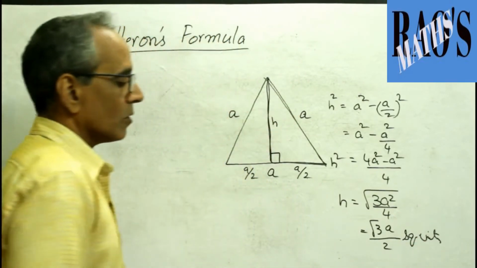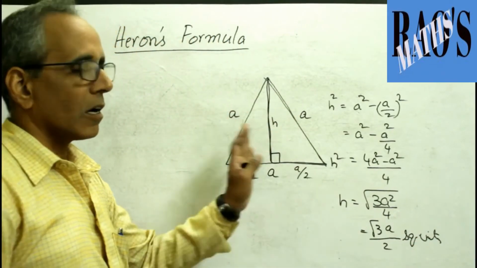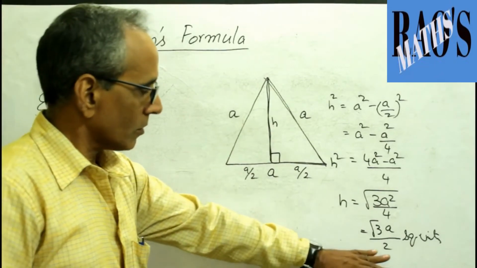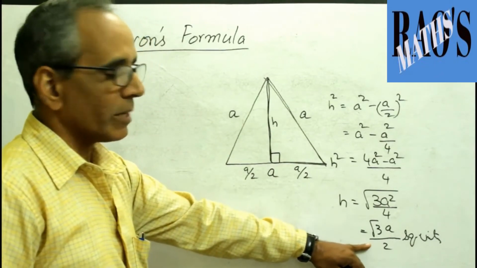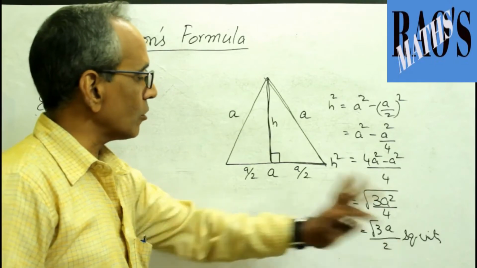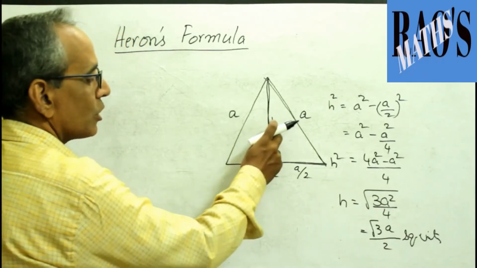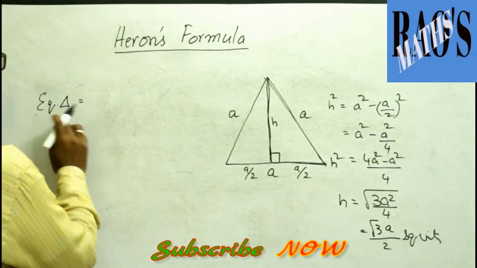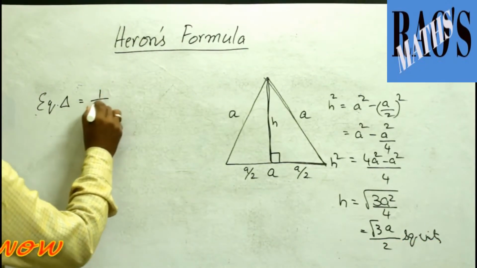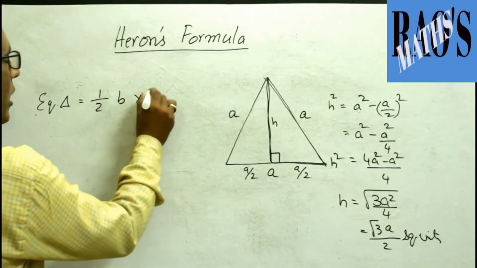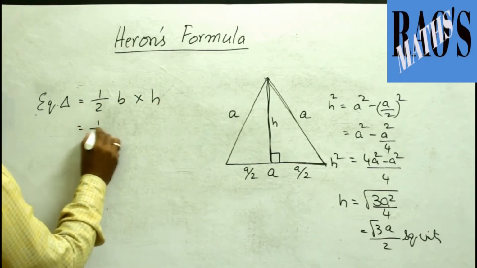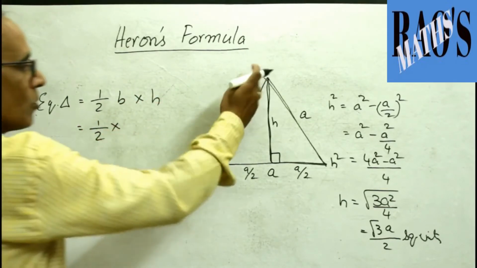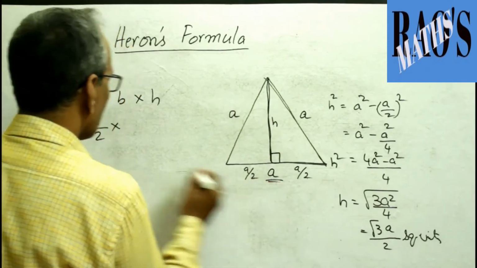Okay. Of course we use the formula, that is half BH. So h is root 3 by 2 a units. Now let's go back. Equilateral triangle area, general formula we derived already, half b into h. What is the base of the whole triangle? A units.